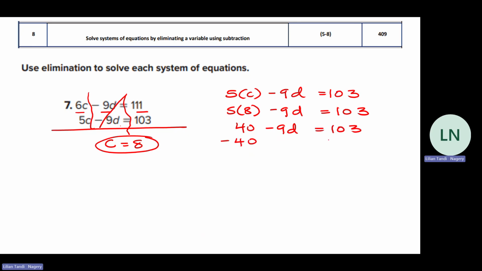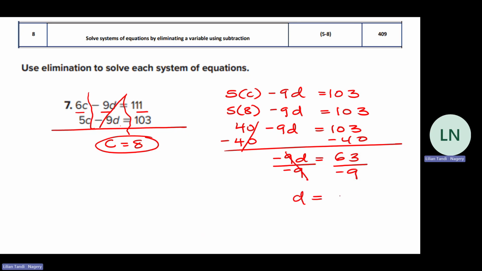Minus 40, minus 40. Negative 9D equals 103 minus 40, 63. 63 divided by negative 9, divided by negative 9.